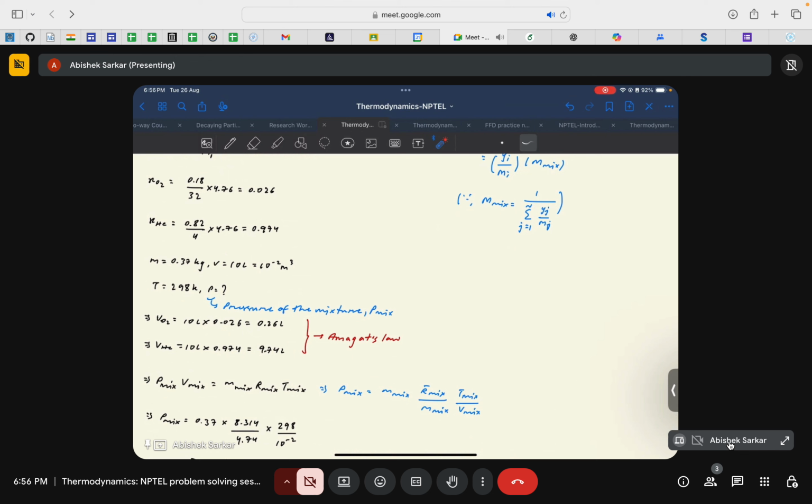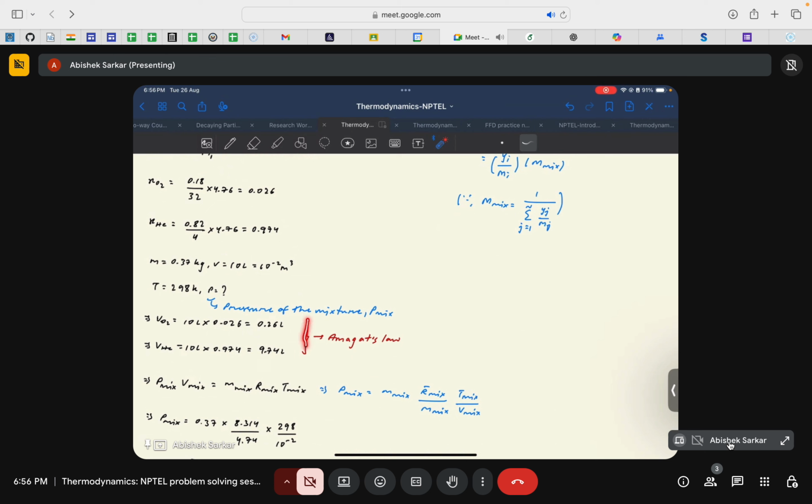Since we already know the mole fraction and the total volume of the gas, that is 10 to the minus 2 meter cube, we can easily find the partial volume of oxygen to be 10 liter times 0.026 or 0.26 liter, and the partial volume of helium to be 10 liters times 0.974 or 9.74 liter.